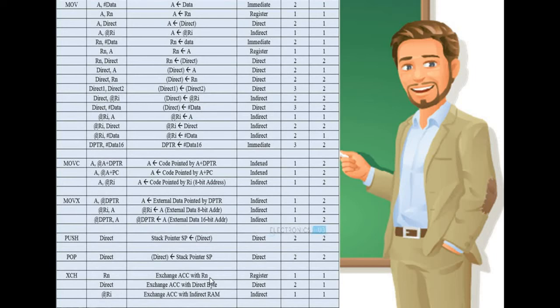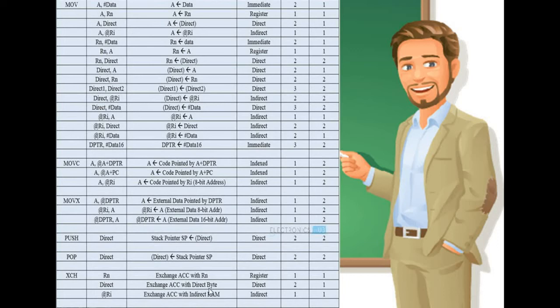Here they have given Rn, so whatever the register value is, it will be exchanged with the accumulator; here they have given only a direct byte. Exchange accumulator with indirect RAM, and XCHD A, @Ri exchanges the accumulator with the lower order of indirect RAM.